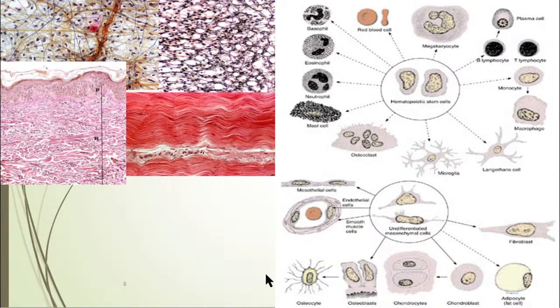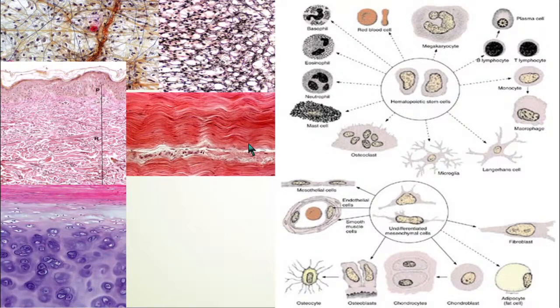As a result, we have seen loose connective tissue, reticular connective tissue, dense irregular connective tissue in skin, and tendon, which is dense regular connective tissue. It's very good seeing the collagen bundles and loose connective tissue between them.